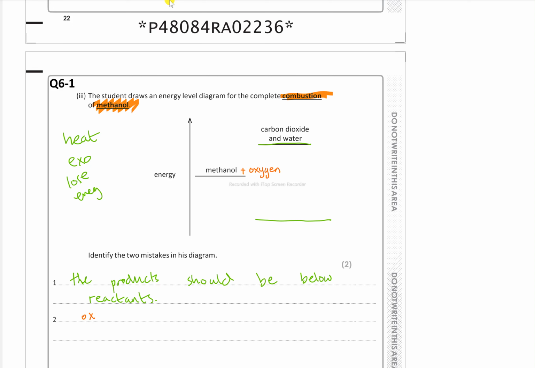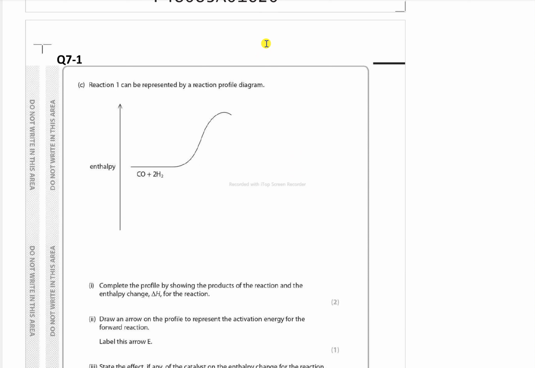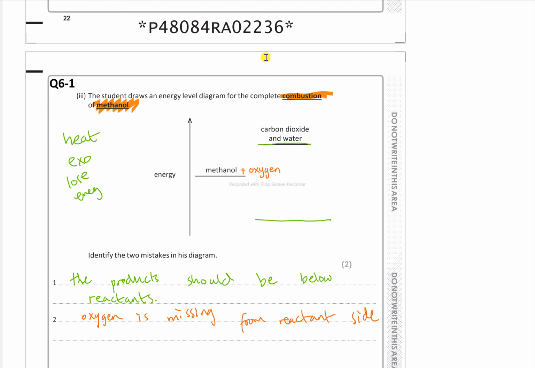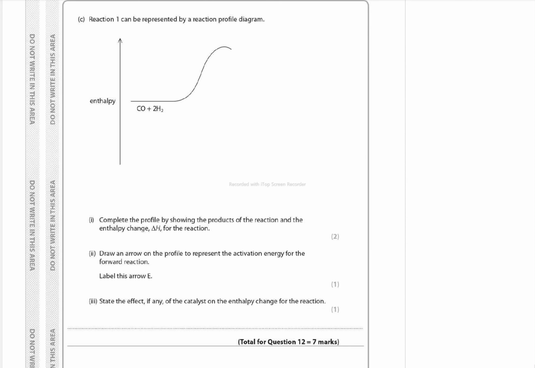So oxygen is missing from where? From reactant side. There you go. Keep moving on. Right, reaction profile diagram. Okay.